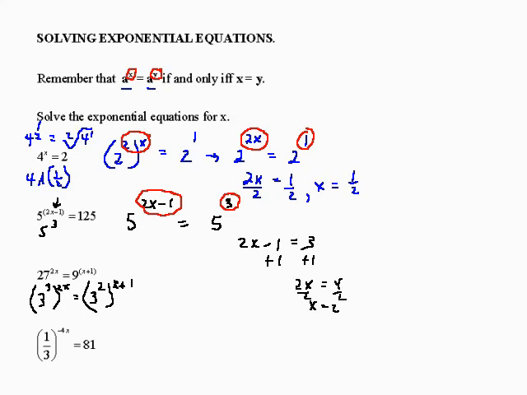So once you get those bases the same here, now what do we do with these powers? Again, powers raised to powers. This will become 3, multiply them, to the 6x. You got to know those rules from earlier on. 3, 2 times x plus 1 will be the 2x plus 2 power.